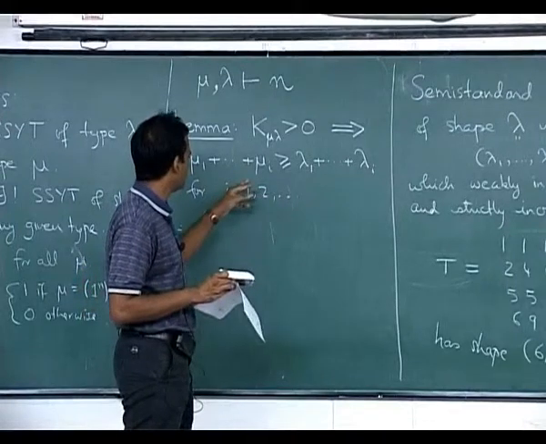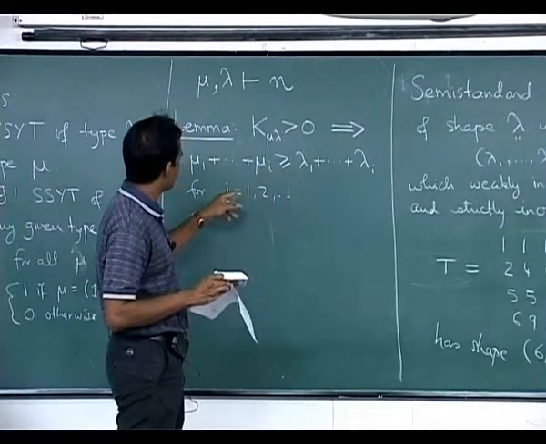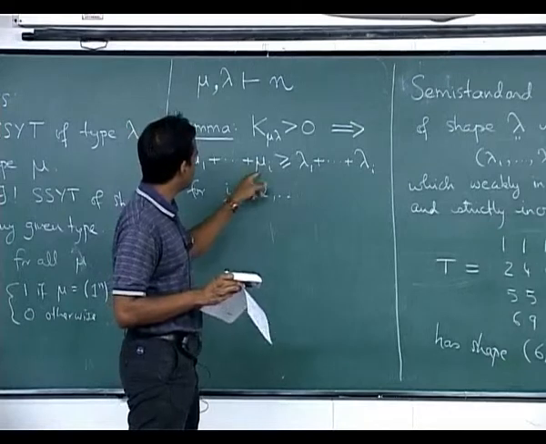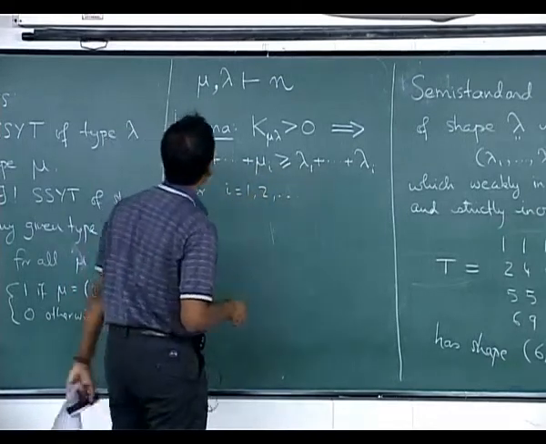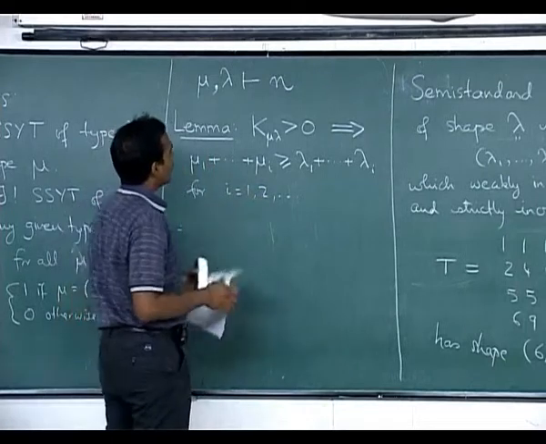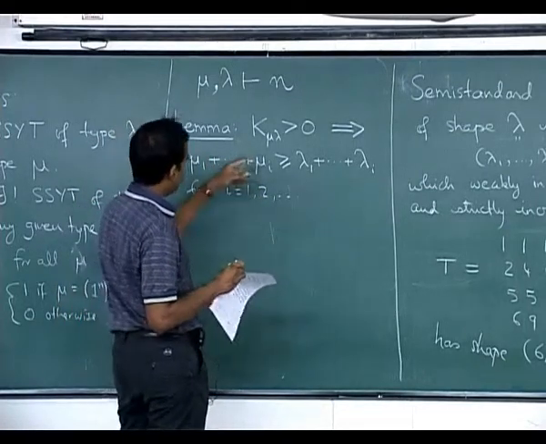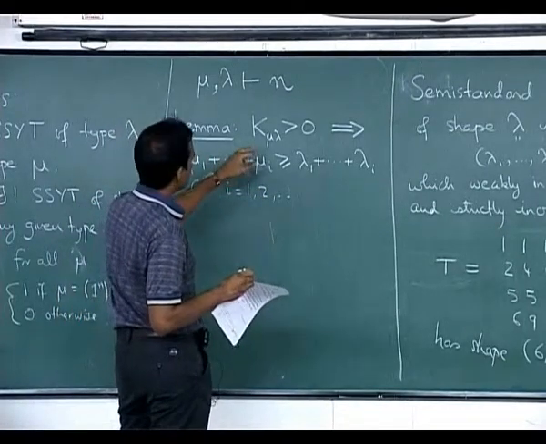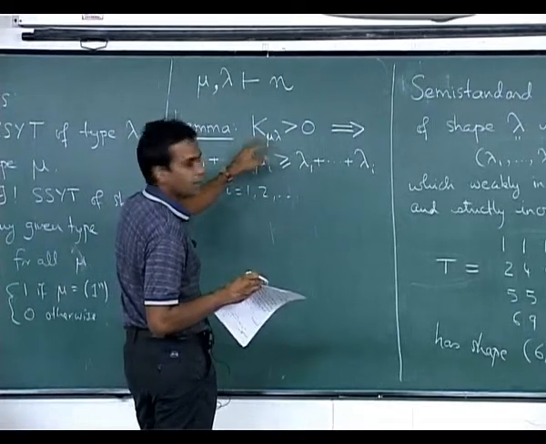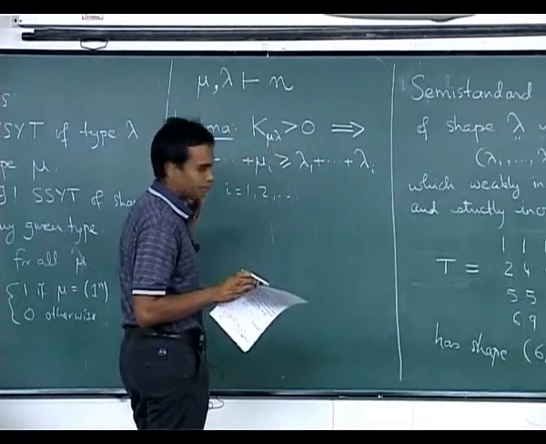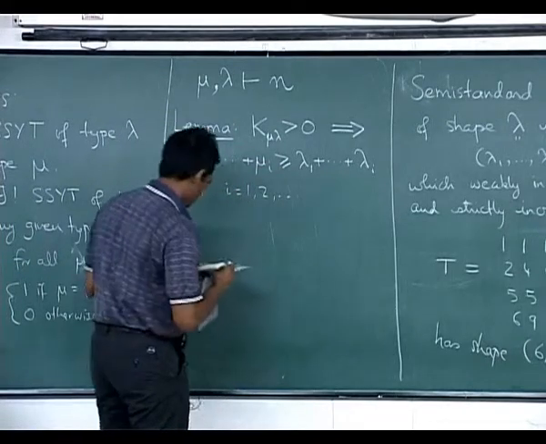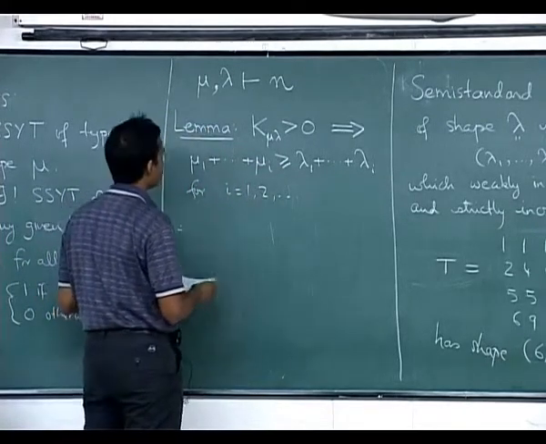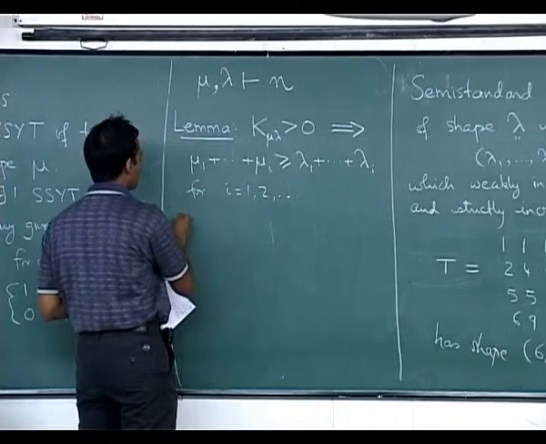But in any case, this probably ends either when you hit the length of this thing or the length of this thing. You can't always have a semi-standard Young tableau of a given type and shape. There is a constraint. This is quite easy to prove.